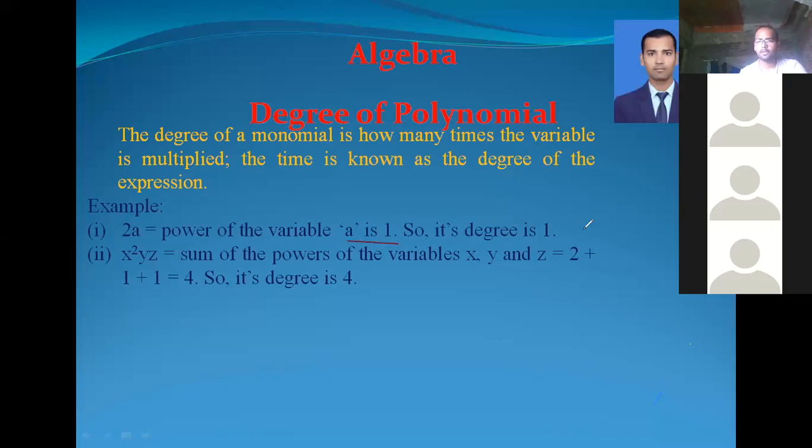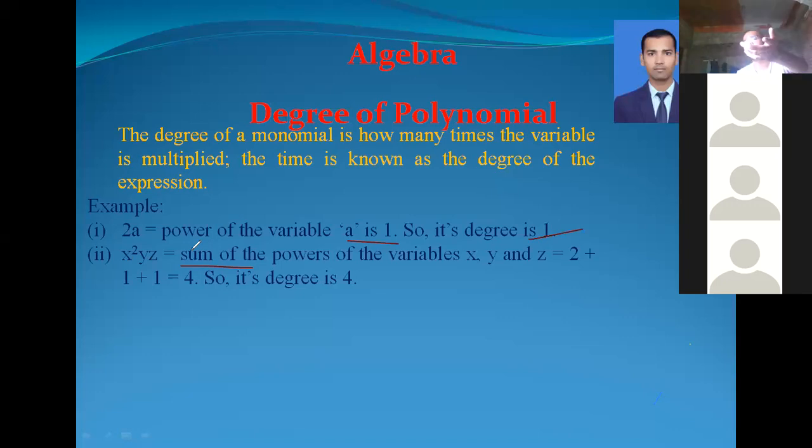In this way, in the second one, we have the term x square y z, and because of more variables, we need to use some other language. If there is only one variable, we don't need to write the sum of the powers, because there is only one variable and it has only one power.